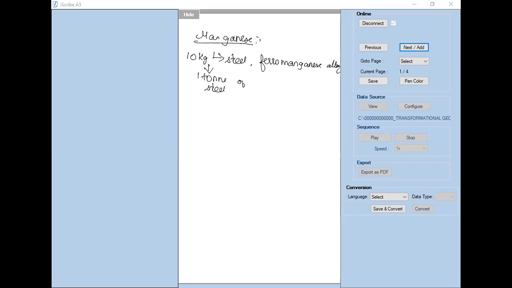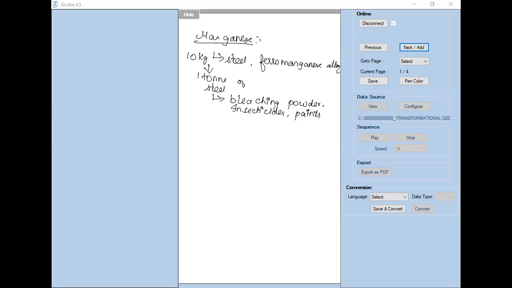It is also used for manufacturing bleaching powder, insecticides, and paints. Clear? This is what about manganese.